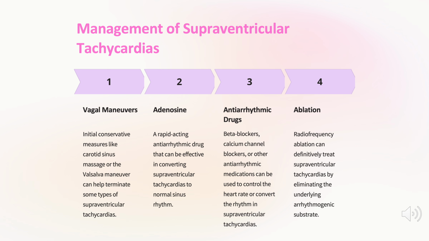For patients with recurrent or refractory supraventricular tachycardias, radiofrequency ablation offers a definitive treatment option. This minimally invasive procedure targets and eliminates the underlying arrhythmogenic substrate, restoring normal cardiac rhythm and providing long-term symptom relief. By utilizing these management strategies, we can effectively control supraventricular tachycardias and improve patient outcomes.